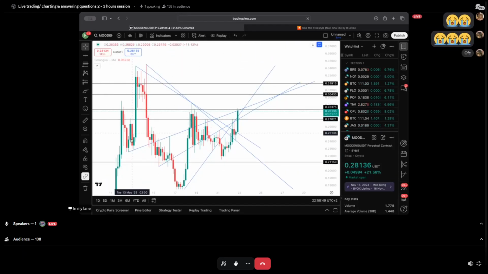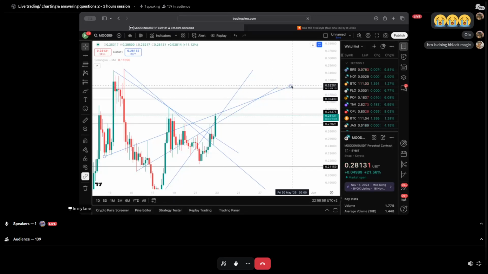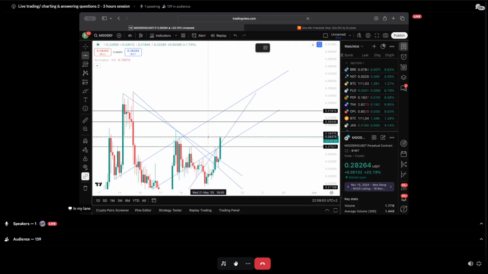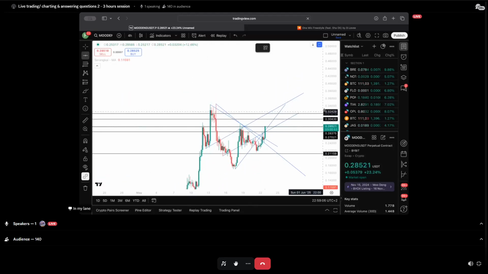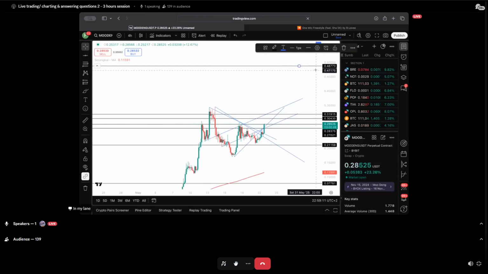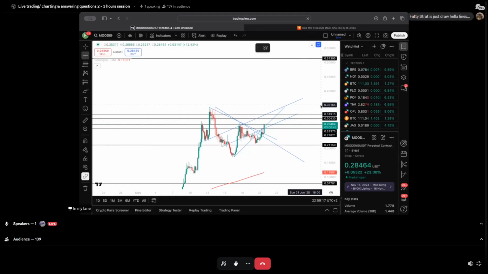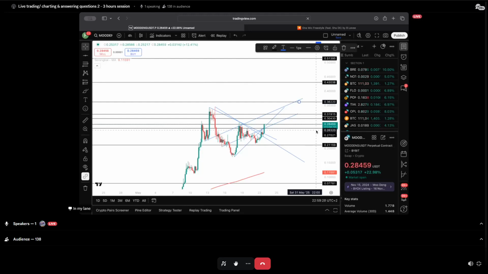Also need higher targets. More breakout. You can look at this.